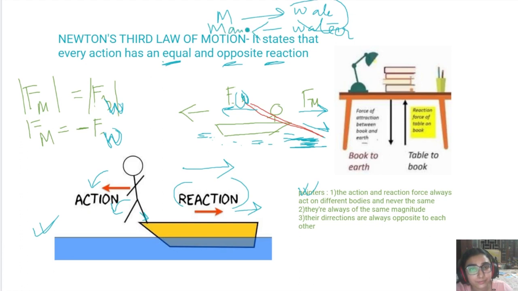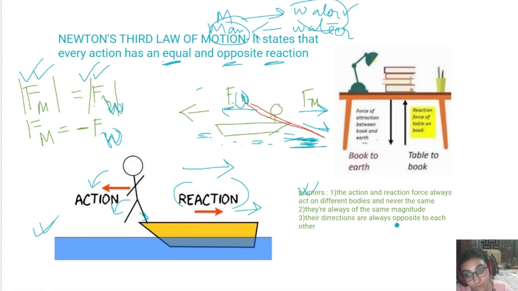So here man is the object. So you can very well understand that the action force and the reaction force always act on different bodies, and that is why motion happens in the first place. Okay, so this is one of the main key points that you have to learn very well by heart. Okay, they are always of the same magnitude, we already discussed it.